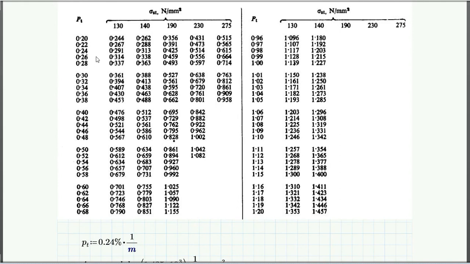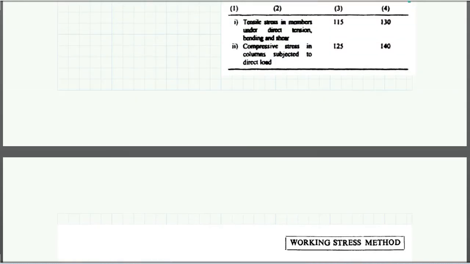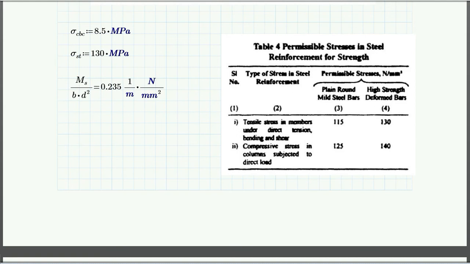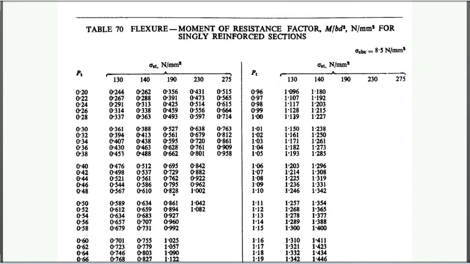So if you go to this table, for Mu by bd square value of 0.235, for M30 we can have pt of 0.2, because this is sigma st and the grade is M30.